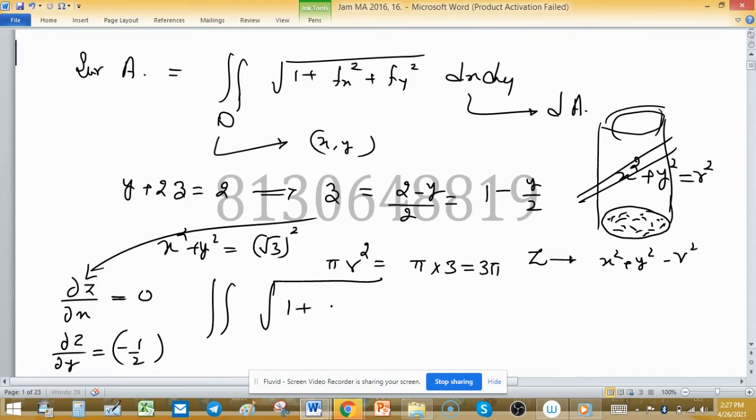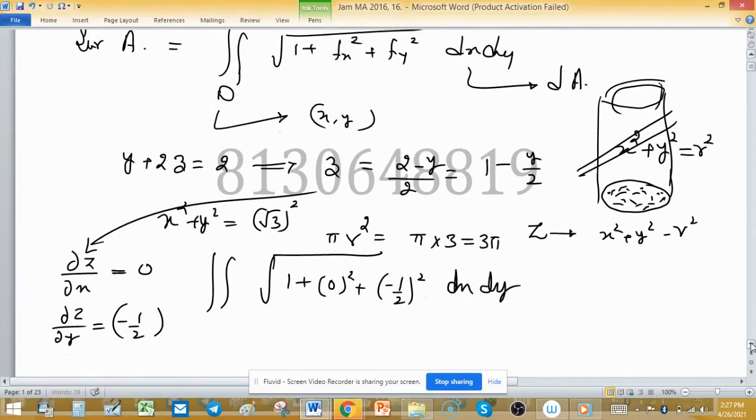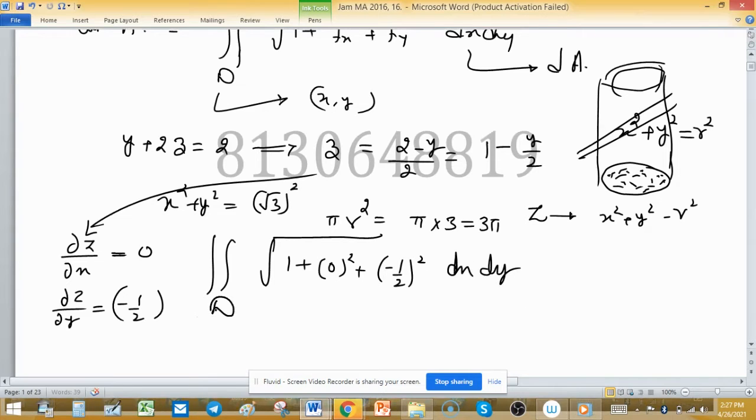Put this value here, 0 square plus minus half square, dx dy, and xy is coming from the region or this disk D. So this value is 1 upon 2 square, so 1 by 4 plus 1, and all these are in square root.